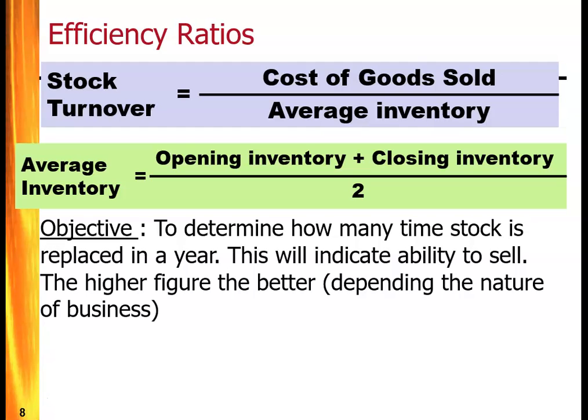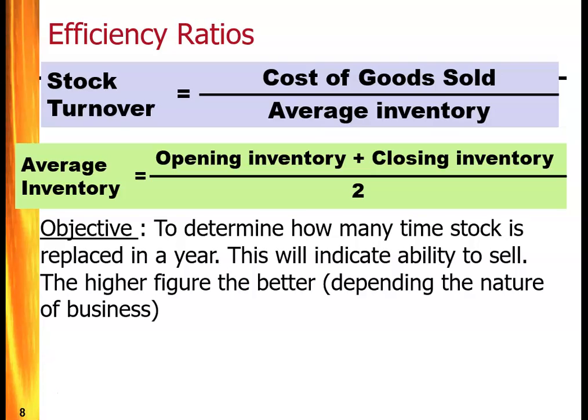Okay, then the objective of inventory turnover is to determine how many times the inventory is replaced in a year. So it indicates the ability of the business to sell their products.